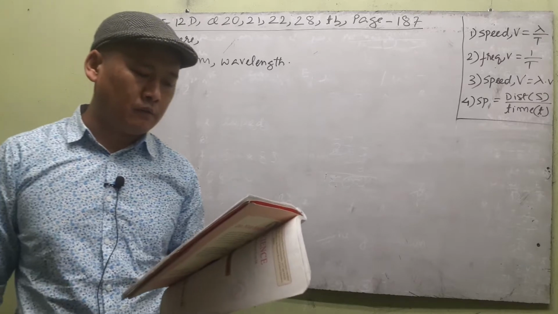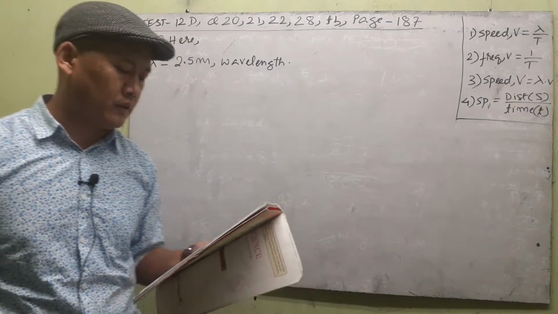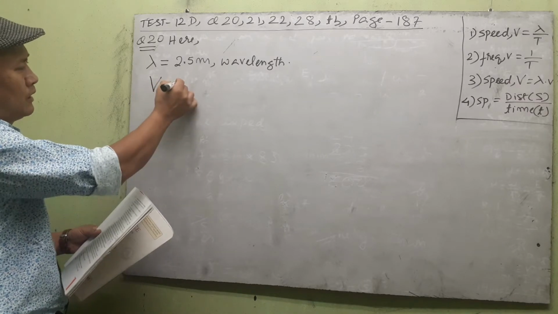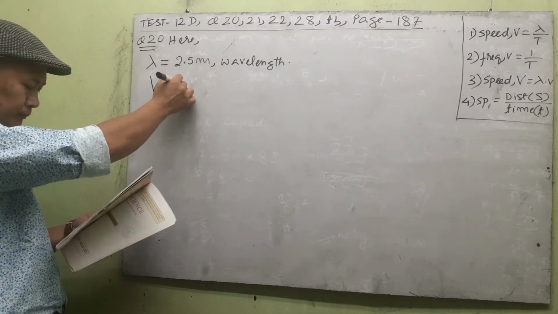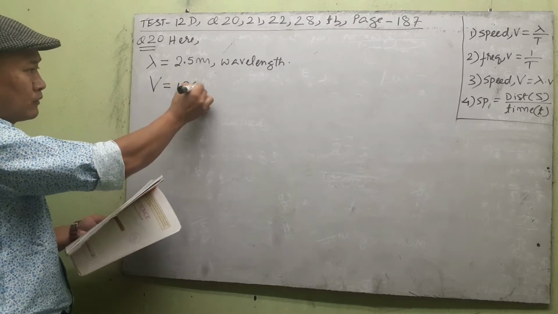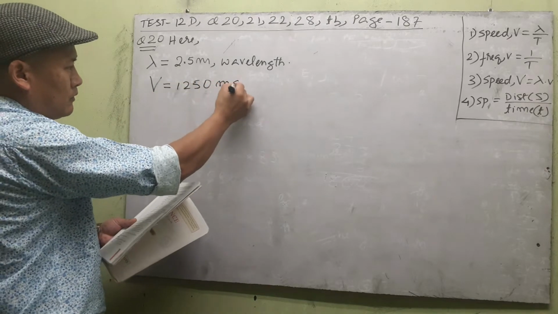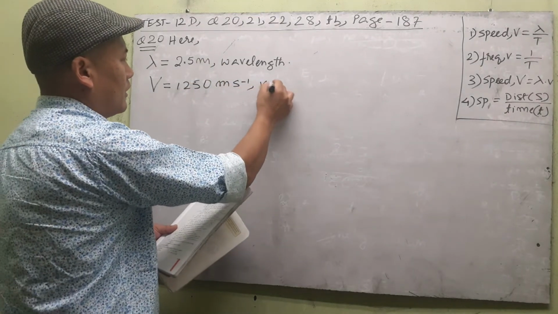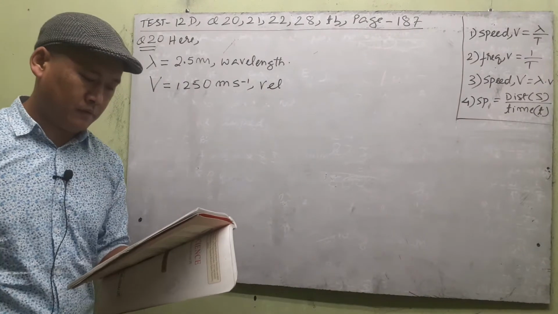Then the wave travels with a velocity or speed, denoted by capital V, of 1250 meter per second, already in SI unit. So this is the velocity of the sound wave.